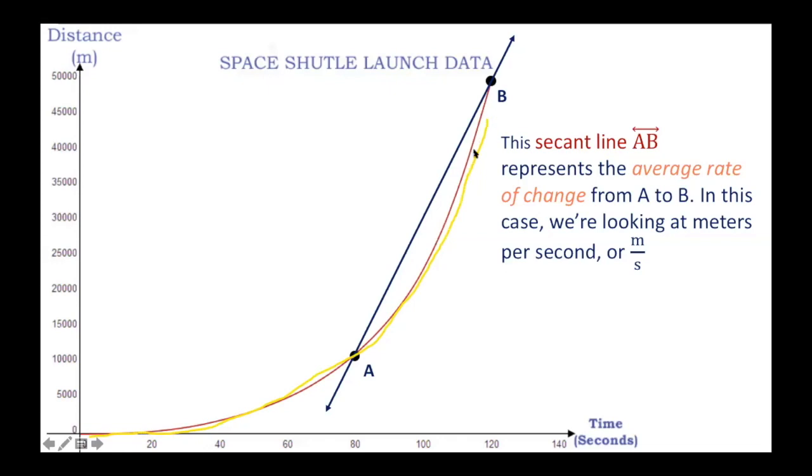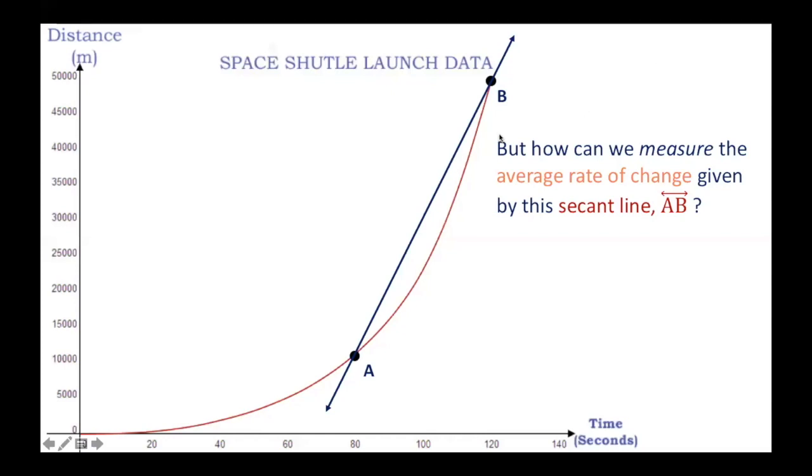And again, this is just a snapshot of the graph. We only go out here to about 140 seconds, which is just over 2 minutes. So at some point, this curve is going to change. This is just a little window into the space shuttle's flight path. But I just wanted to point out that while this secant line is linear, the actual speed of the rocket is not. Okay, that's very important to note.